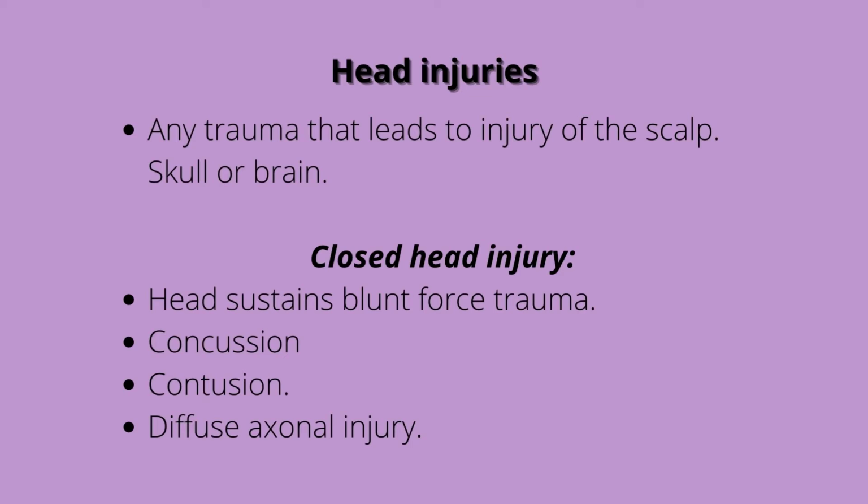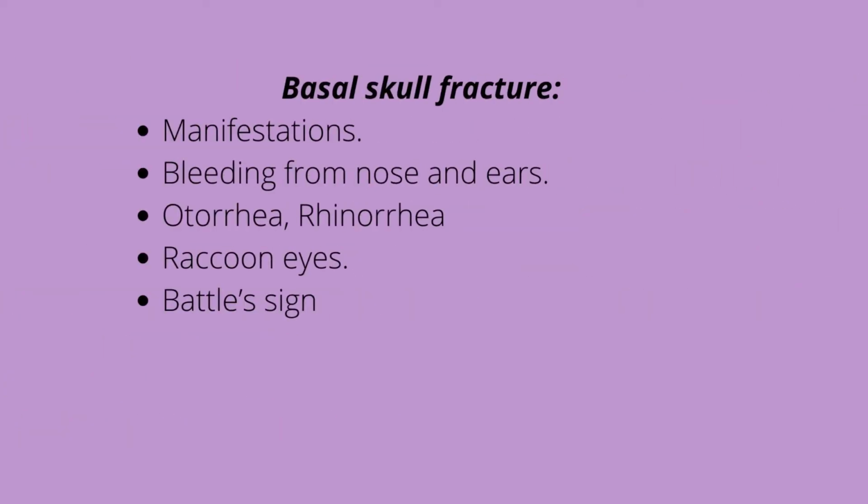So with concussion, this involves temporary loss of neurological function with no apparent structural damage, right? No structural damage. With a contusion, there's brain damage, and it's characterized by loss of consciousness as well as confusion. Diffuse axonal injury is where there is shearing and rotational force producing brain damage.